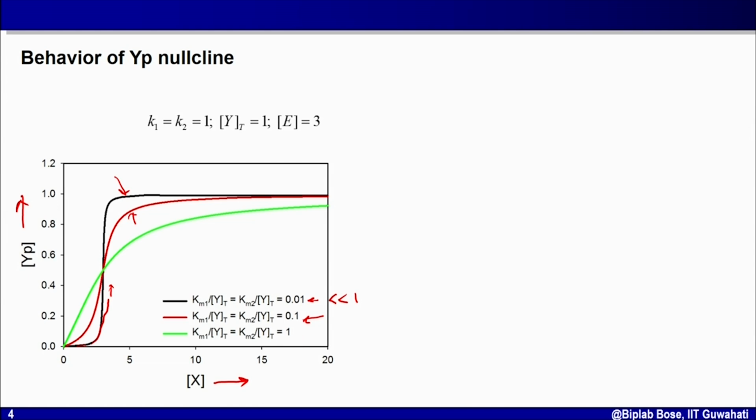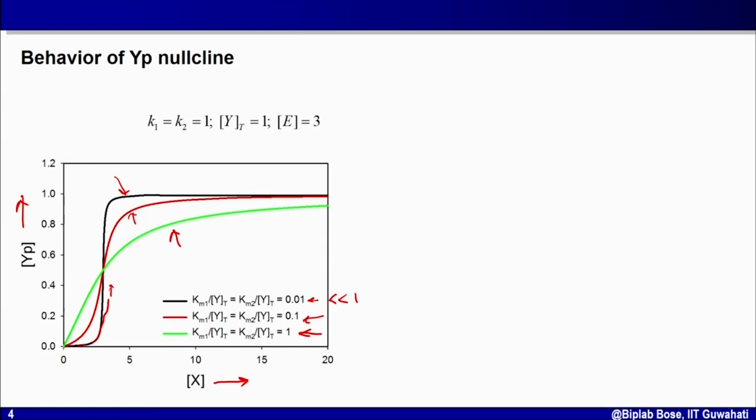But when the Michaelis-Menten constant divided by the total Y is equal to 1, we get this green line, which is hyperbolic. So this Yp nullcline keeps on changing shape from sigmoid to hyperbola depending upon the ratio of the Michaelis-Menten constants for these two enzymes divided by the total amount of Y present.